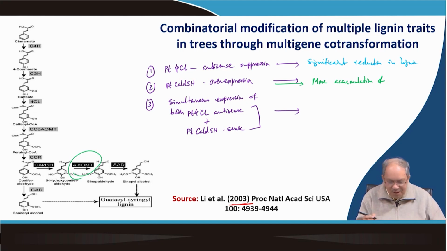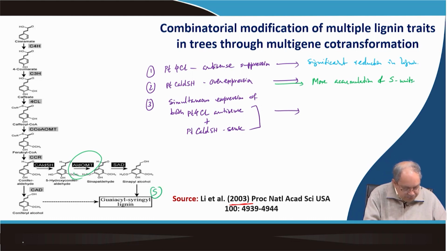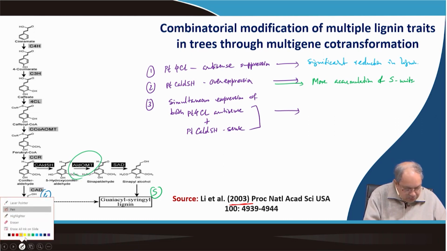So, more accumulation of S units, is it not, because this contributes to the syringeal unit and this contributes to the G units. Now, when you make overexpression, so that means the pathway, I have made a wrong marking.